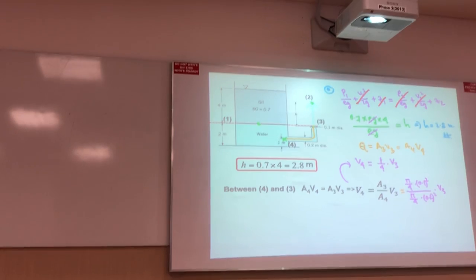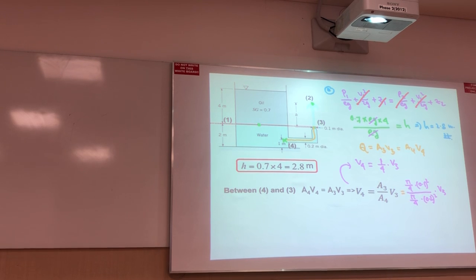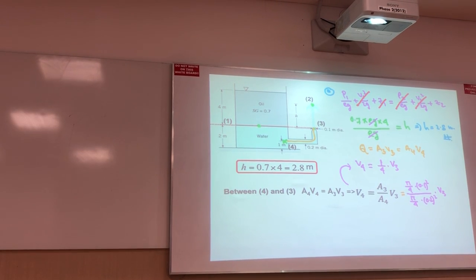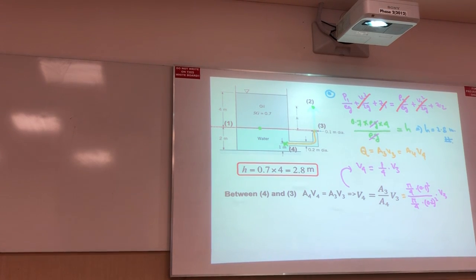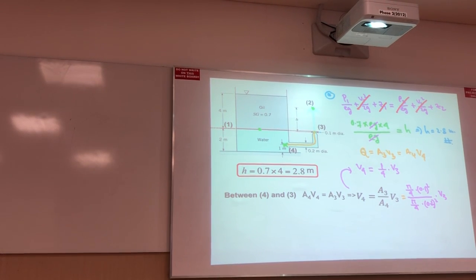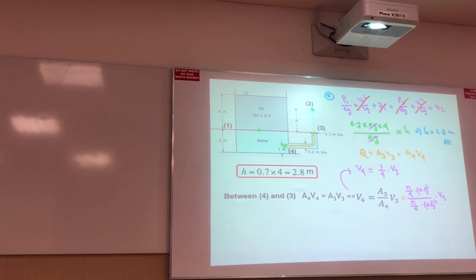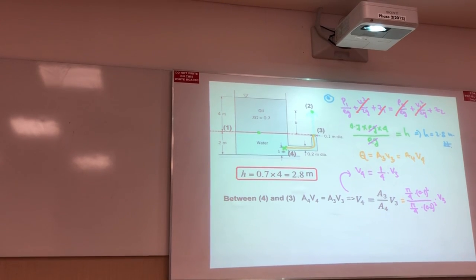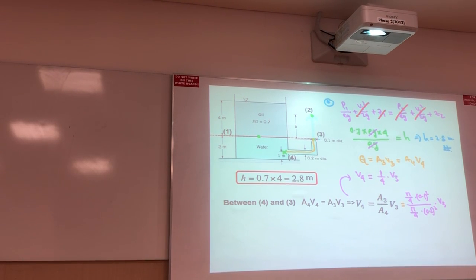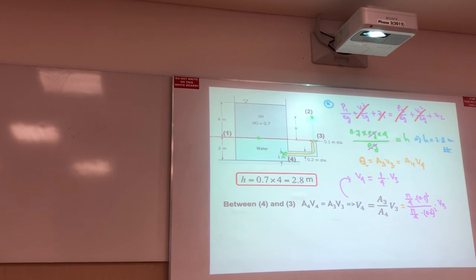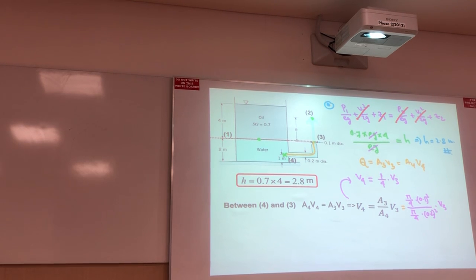Then later I can do Bernoulli's equation between 4 and 2. Easy. Between 4 and 2 I can do Bernoulli's equation, right? And V3, how can you find V3? You have to do Bernoulli's equation between 3 and 2. Then you can calculate V3.